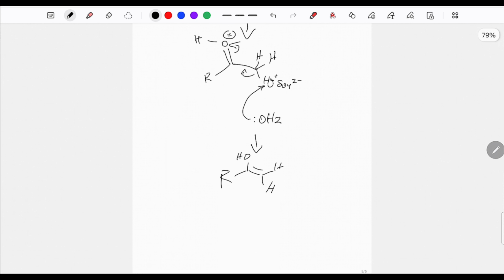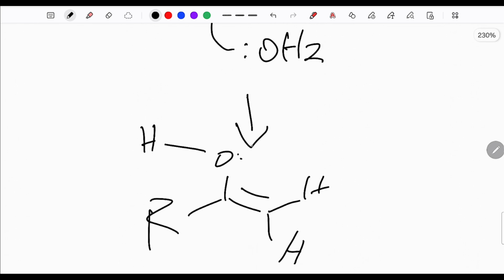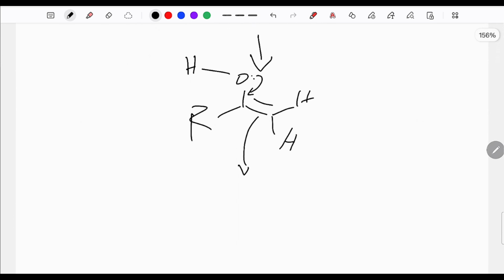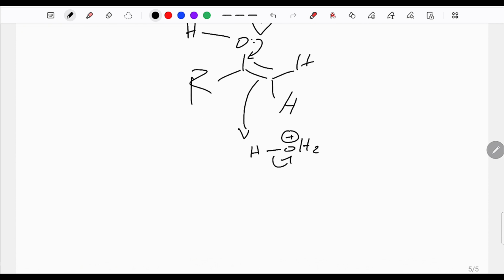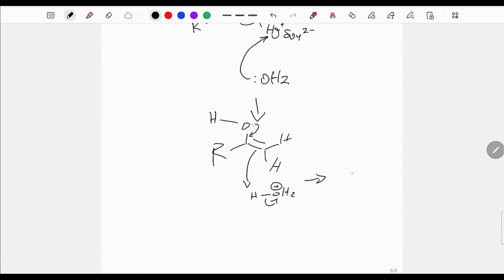But anyways, what's going to happen is that the electrons that are here are going to come down there, and the electrons here will come and grab our acid. This will occur, and we will generate at first this product.